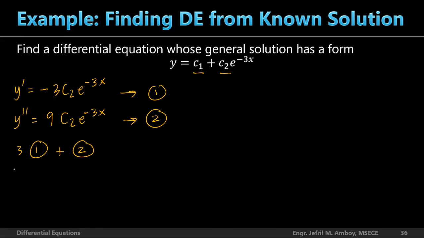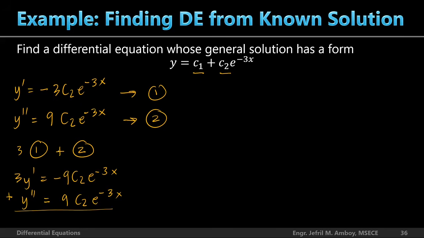Okay. So, 3 times y prime is 3y prime equals, this times 3 is negative 9c2 e to the negative 3x. So, now we will add it to equation 2. So, dapat dito plus. And then, copy equation 2. So, we have y double prime equals 9c2 e to the negative 3x.